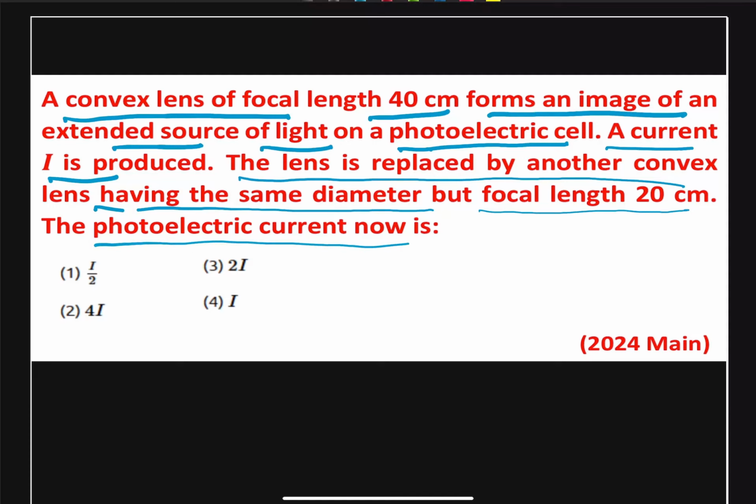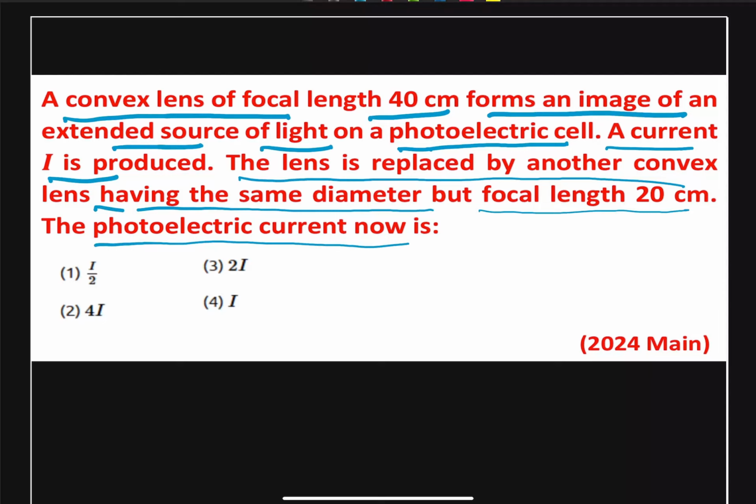So here you can say we are interested in finding the photoelectric current, and the photoelectric current is directly proportional to the number of photons striking the surface per second. It doesn't depend upon how the light is concentrated or the concentration of light.